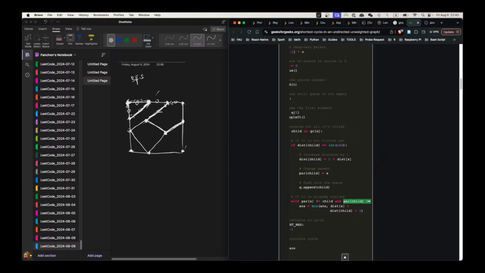Plus the thing is like this. We get something that we visited before, but that is not a cycle. Like the cycle is this one, right? But we're starting from here.